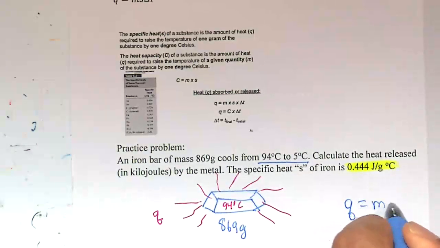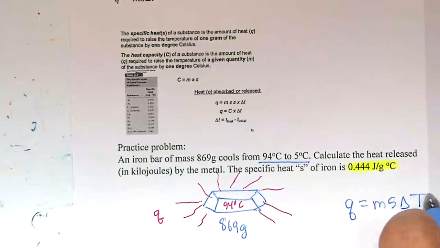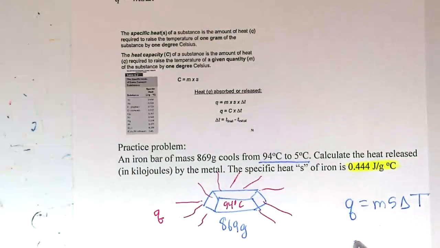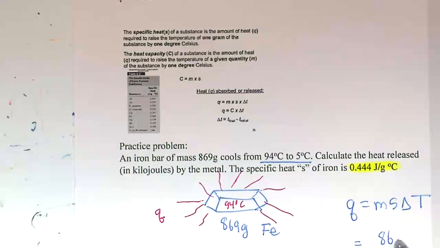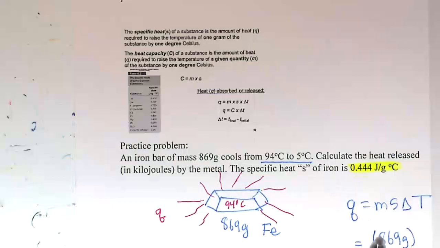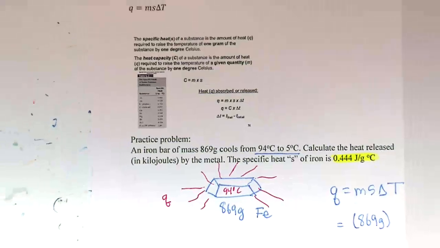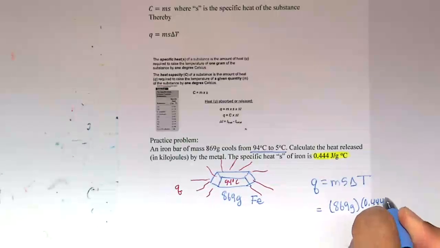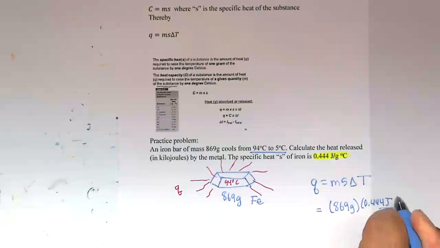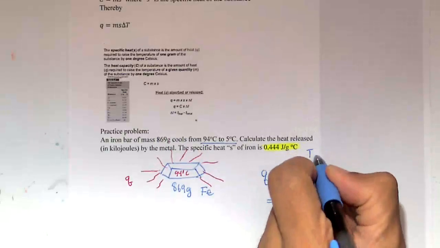You just have to plug and play. Q equals m s delta T. The mass of this piece of iron is 869 grams, the specific heat given to us is 0.444 joules over grams degrees C, and then final minus initial.